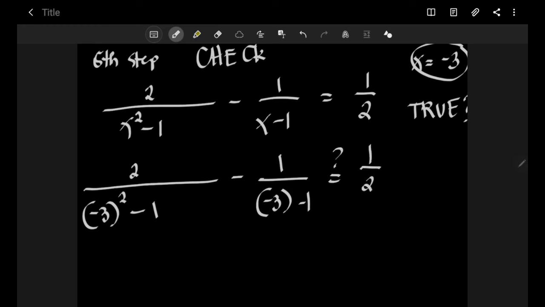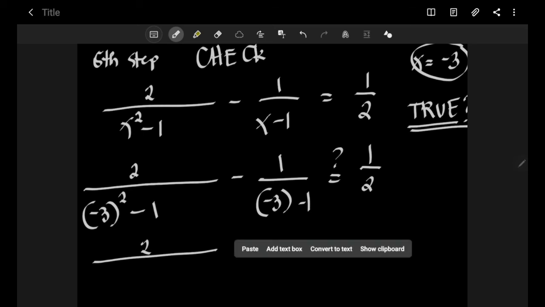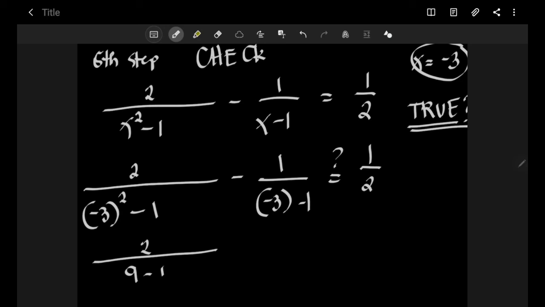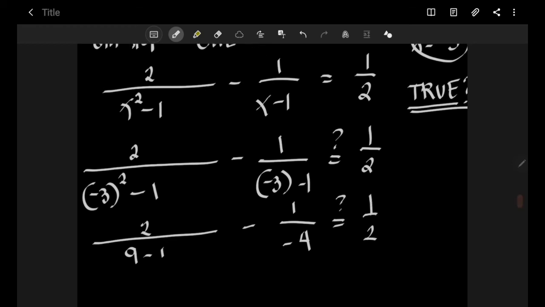So, kailangan maging equal yung value nung nasa left side at nung nasa right side para masabi natin na ito ay true. Now, we have 2 all over negative 3 squared is 9 minus 1 minus 1 all over negative 3 minus 1, we have negative 4. Is it equal to 1/2?